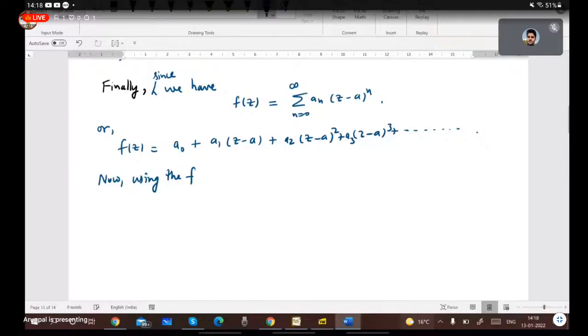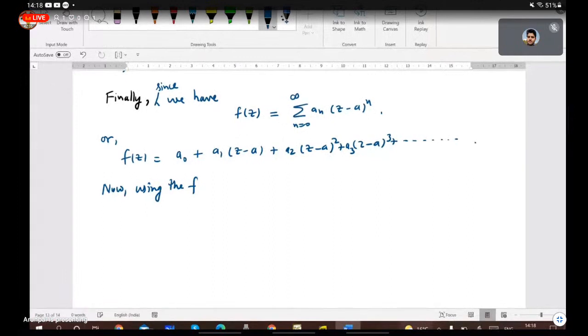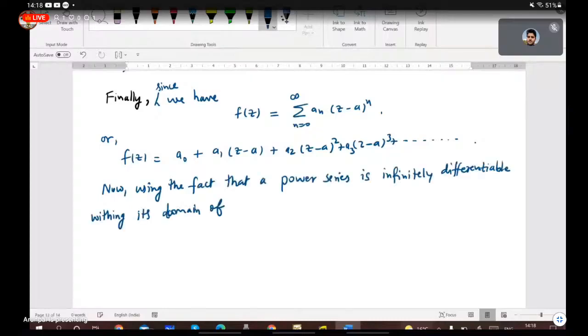Okay, now using the fact that a power series is infinitely differentiable within its domain of convergence, oh sorry, radius of convergence I must say. Actually, I'm saying domain of convergence means the portion where it is converging. Domain means that. Don't confuse it with the open and connected sense. Domain means simply here the domain terminology. It's the domain of convergence.